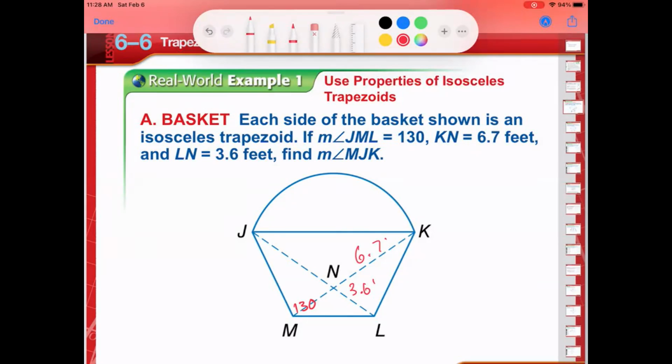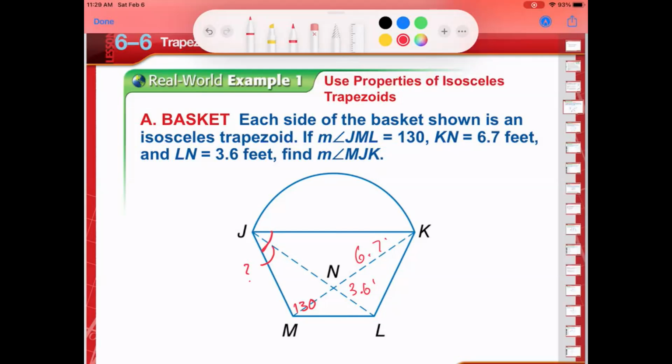MJK. Yeah, cool. So, they want us to find this angle right up here. And how we would go about finding that is we know JML is 130.